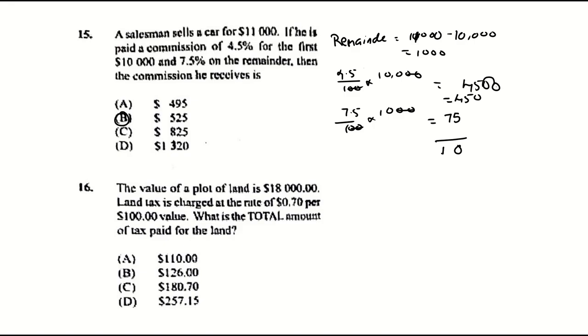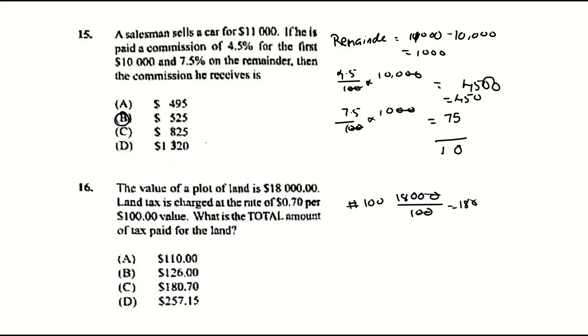Number 16. The value of a plot of land is 18,000. Land tax is charged at 0.70 cents per 100 value. What is the total amount of the tax paid? So first off, we need to find the number of hundreds. The number of hundreds in 18,000 is 180, I believe.